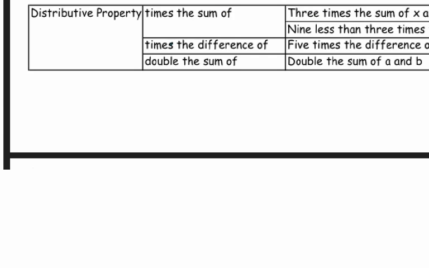Okay, the last one on this page is the distributive property. And it gets spoken different than everything else. So you have to be really, really careful. And it says times the sum of. So that would look something like, let's say it said 3 times the sum of x and 2.